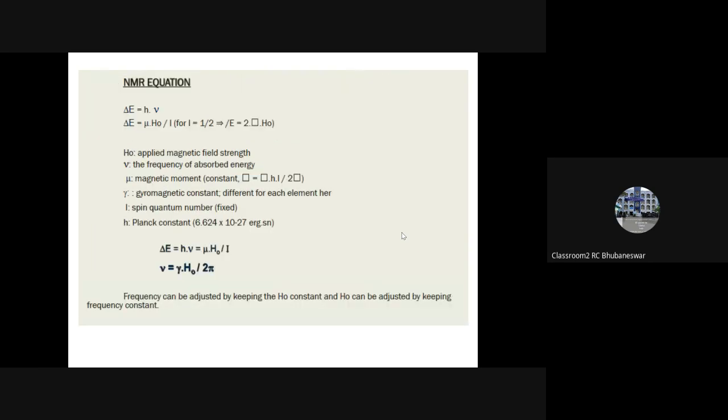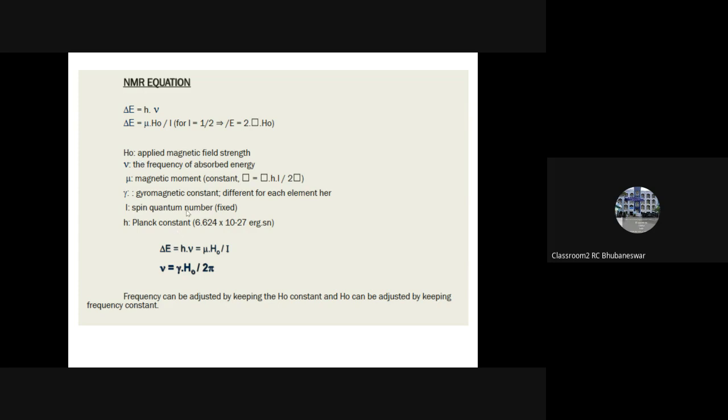It splits into two different energy levels. In the equation, delta E is h nu, as you know from Planck's equation we discussed in the first class, and delta E is also mu H0 by I, where mu is the magnetic moment and H0 is the applied magnetic field strength, because during the instrumentation you saw we apply a certain magnetic field.